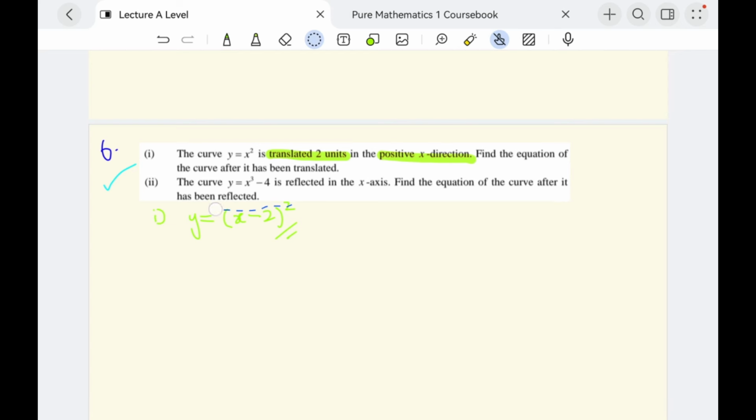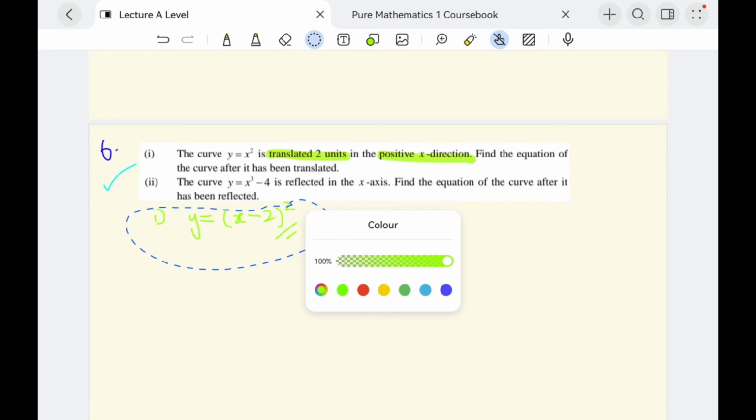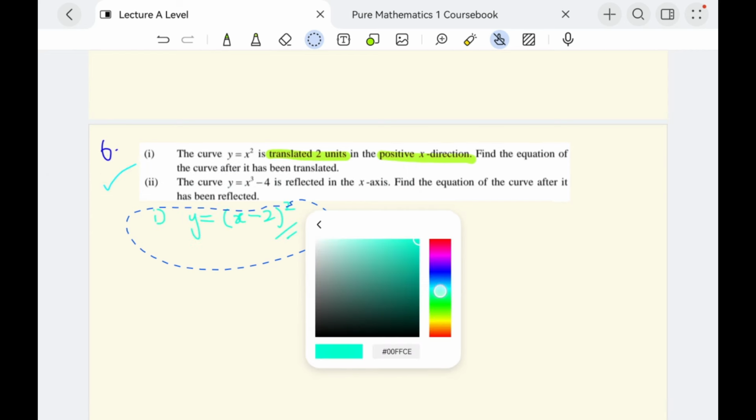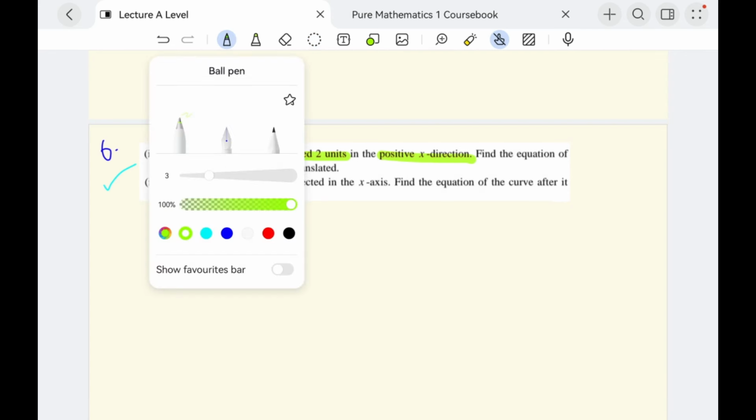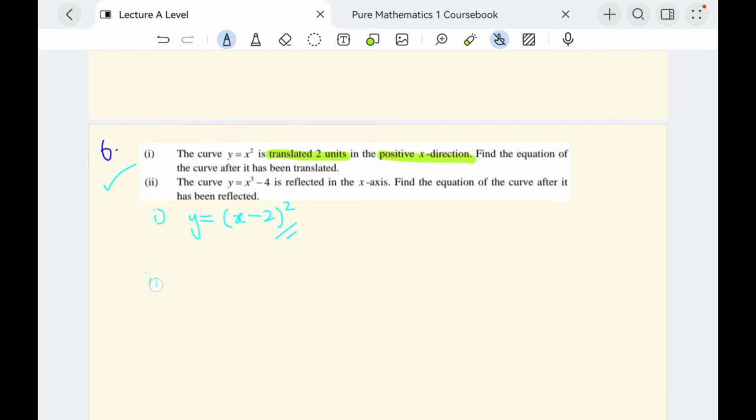Oh, wait. Sorry, I need to change back to the original color that I want. Okay, this is the color that I want. Let's take a look at the second part. The curve y equals x cubed minus 4 is reflected in the x-axis. Find the equation of the curve after it has been reflected.